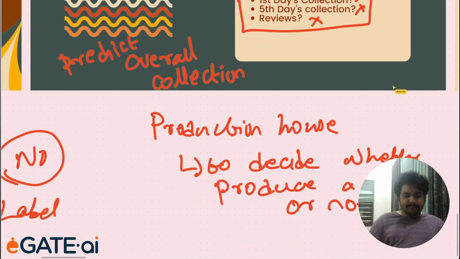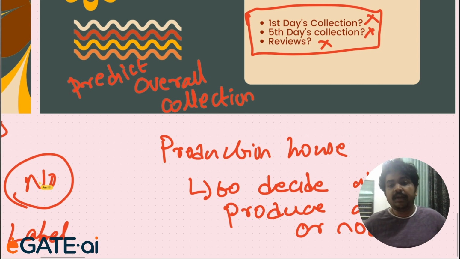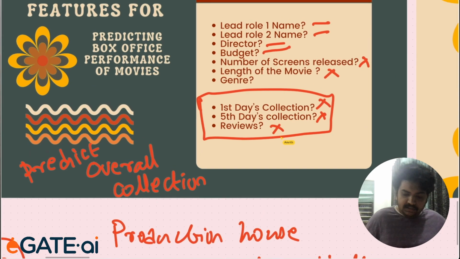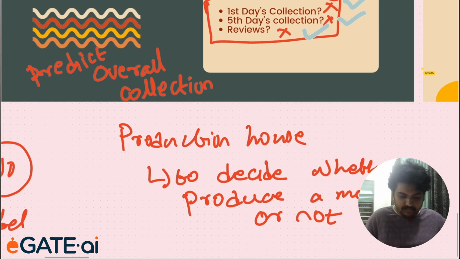But let's say you're building a model for an OTT platform, and they have very clearly said that they don't mind waiting for the first 10 days after the release of a movie to arrive at a decision to acquire a movie. Then naturally all these features can be considered, because we will have those available.